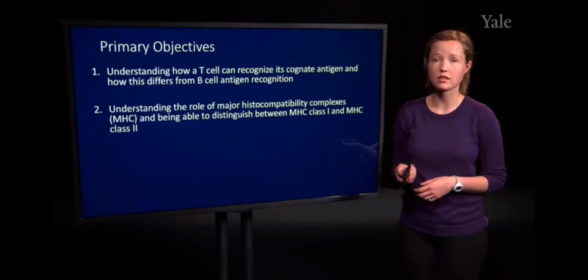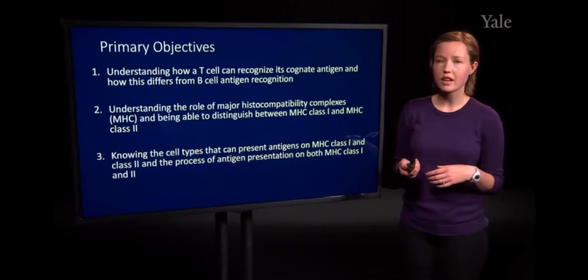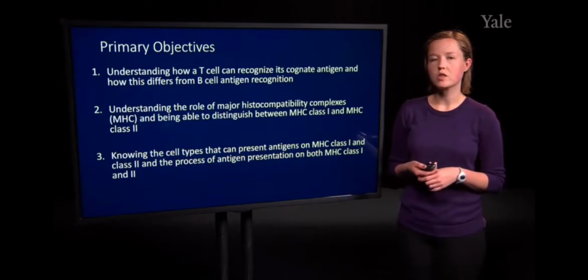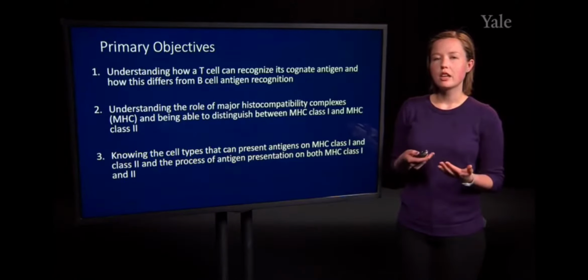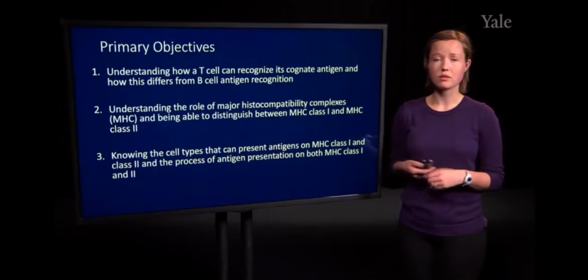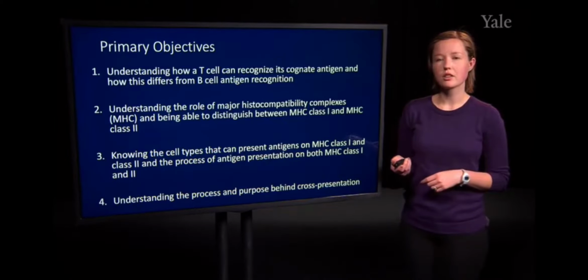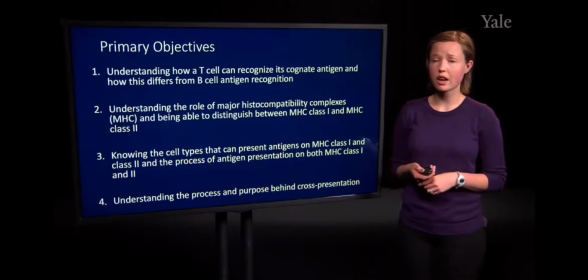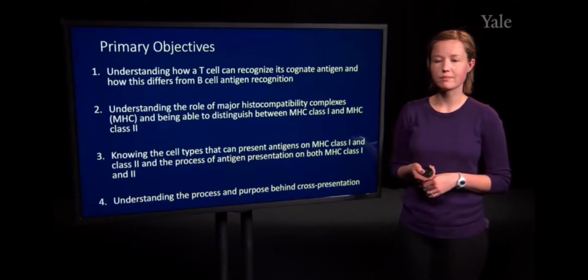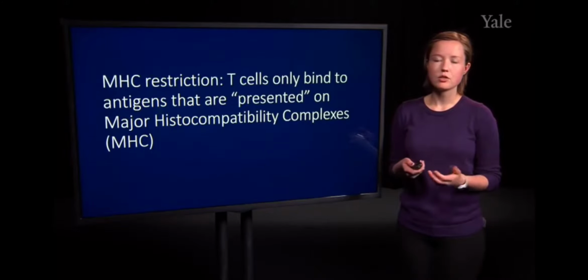We also want to know the cell types that can present antigen to T cells on MHC Class 1 or MHC Class 2, essentially forming the link between the adaptive immune system and the innate immune system, which you've talked about in prior lectures. We also want to understand this process referred to as cross-presentation, and we will talk about that process over the course of the lecture.